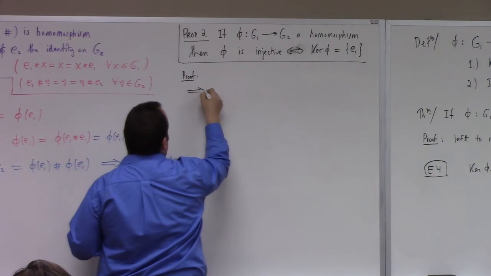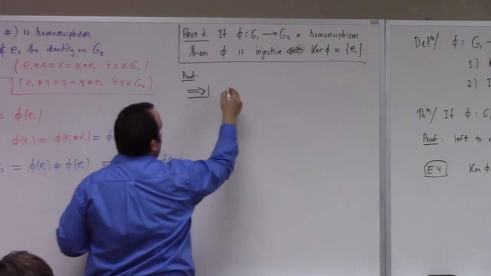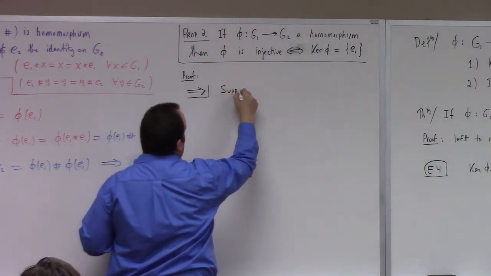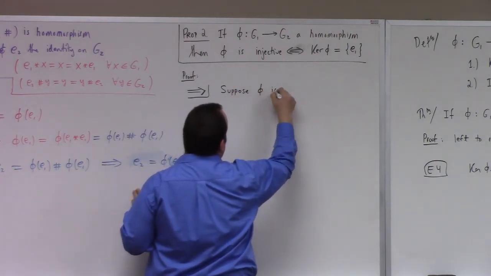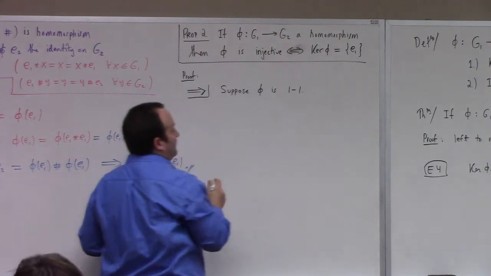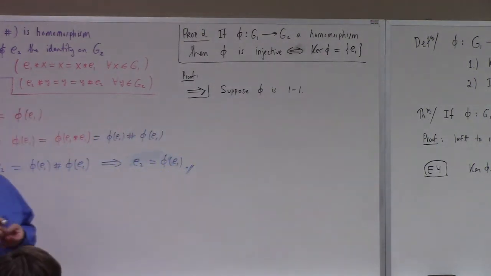First of all, look at this direction. So what we're going to do, suppose phi is one to one. We need to show that the kernel of phi is just the identity element.